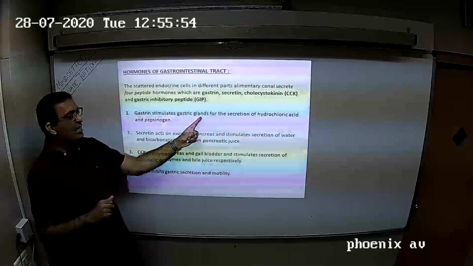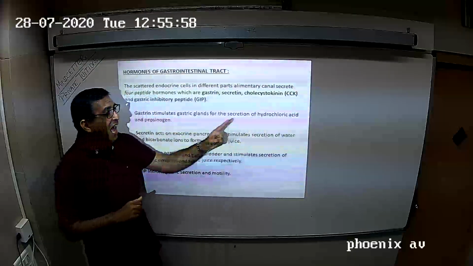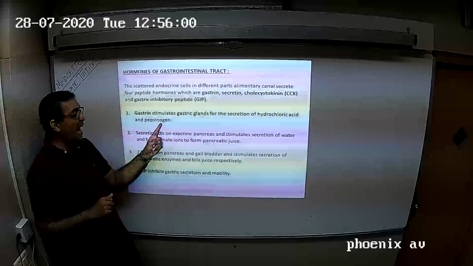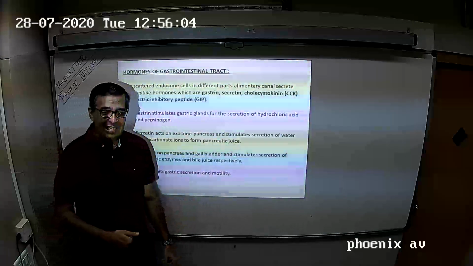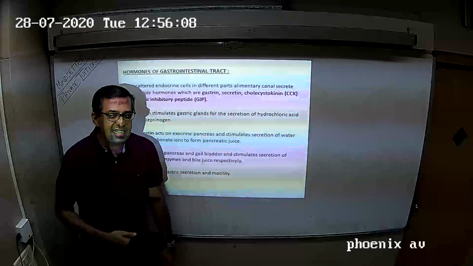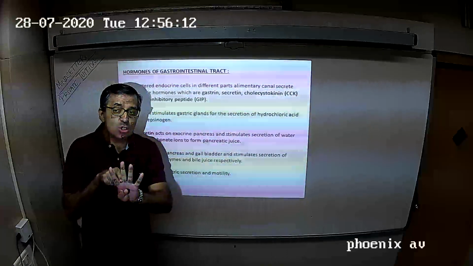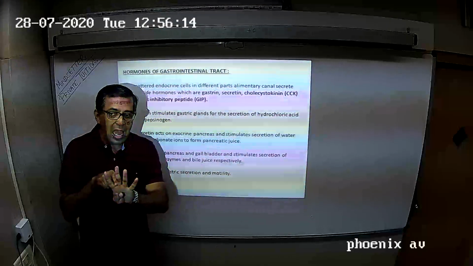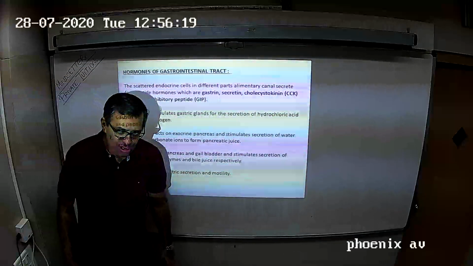Gastrin stimulates the gastric gland for the secretion of hydrochloric acid and pepsinogen. If you remember, the stomach has in it G cells. G cells are found at the base of the rugae, and G cells give out a hormone called gastrin.